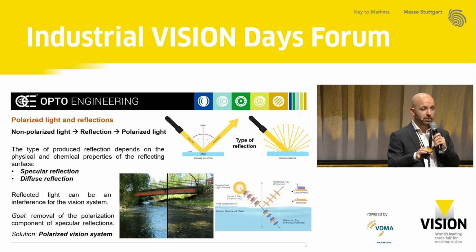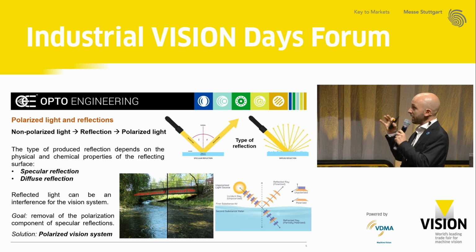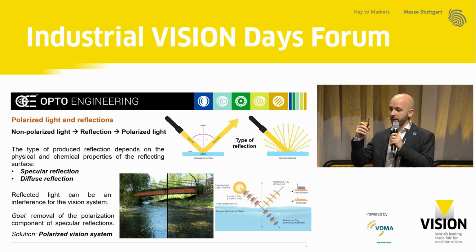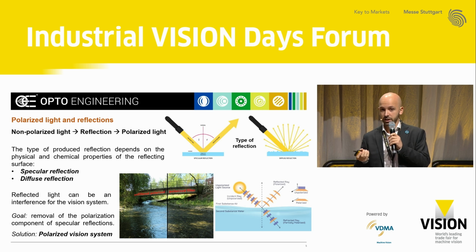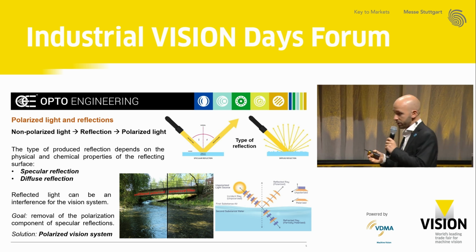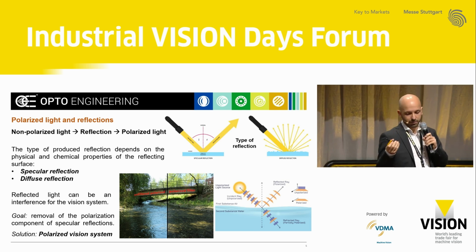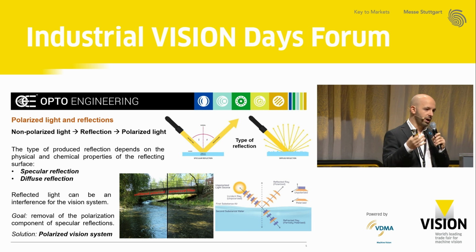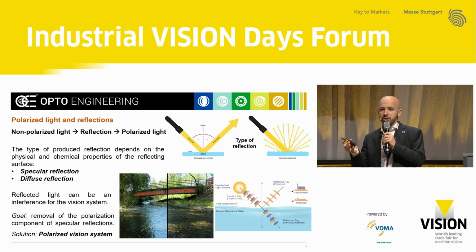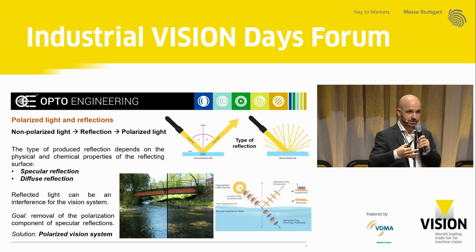Diffuse reflection, otherwise, is the polarization that we have with a rough surface, such as cloth or paper, which has a low degree of polarization. Well, reflected light is sometimes an interference for our vision system. Imagine wanting to see inside a car through the glass.